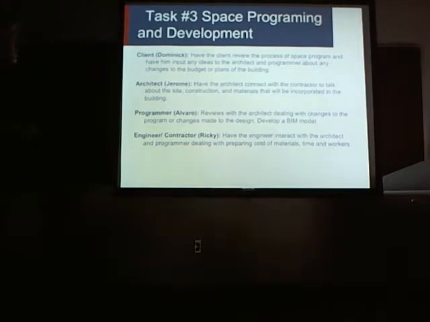Have the client review the process of space program and have him input any ideas to the architect and programmer about any changes to the budget or plans of the building. Well, other than the English, it doesn't make sense. The client, the process of space programming, what does that mean, programming?